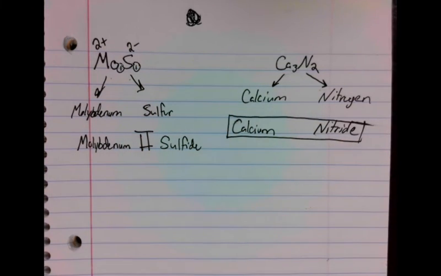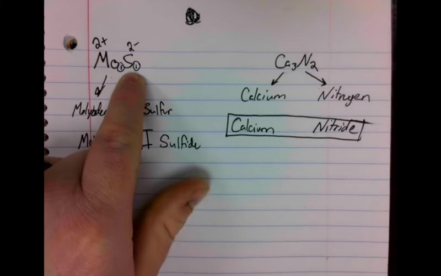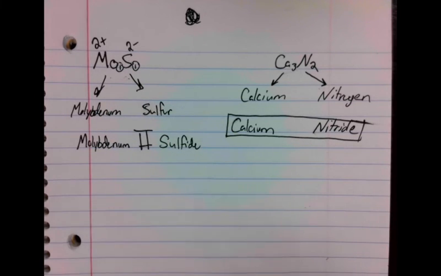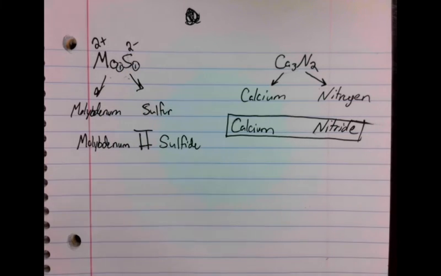So if you tried to uncross your charges and do the whole process backwards, you would end up with the wrong answer. You have to remember that there was that simplification step. So if you need to figure out what the charge of this is, figure out what the charge of this thing is. If it's the same number that's down here, congratulations, you do get to uncross your charges. But if it's not, you're going to have to do a little bit of critical thinking and try to solve for whatever that unknown piece is. Hopefully that makes sense to everybody.